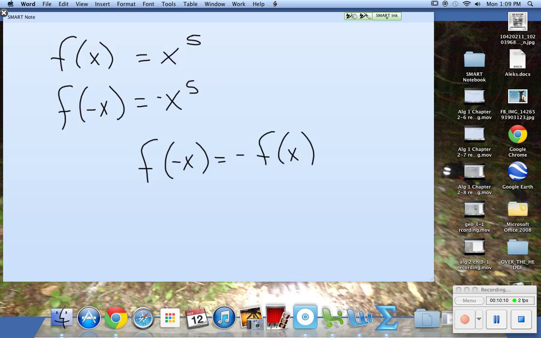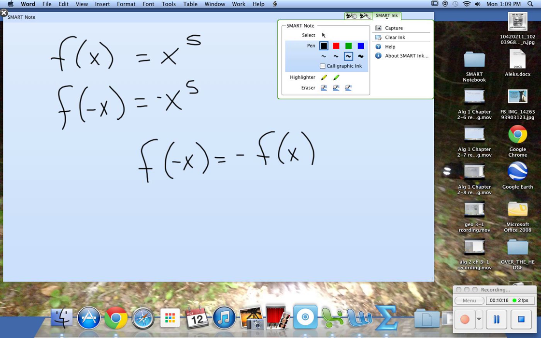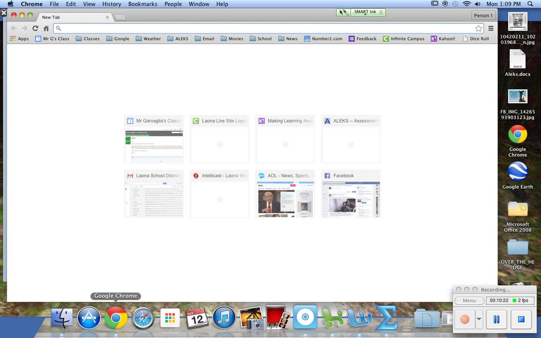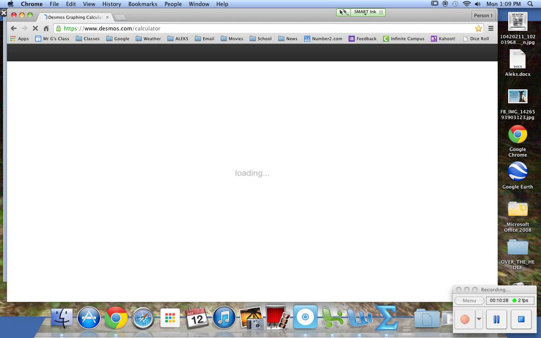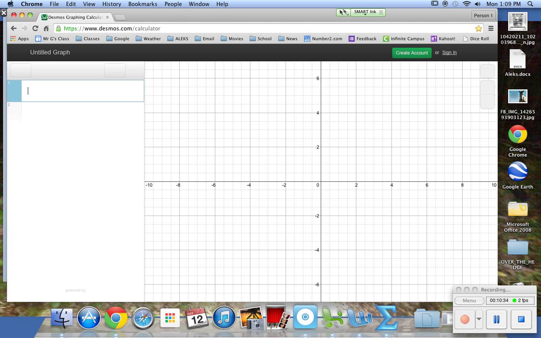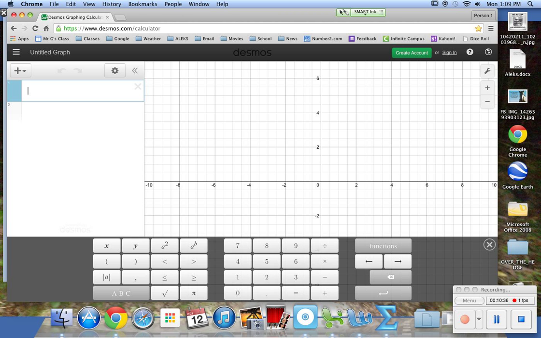What would a graph look like on that? That's what we're going to do. Desmos. Pretty easy. It's actually pretty easy. I don't want it squared.